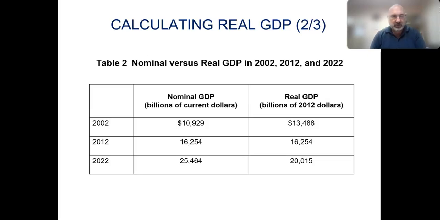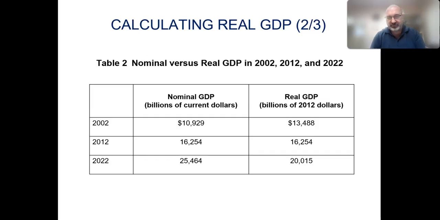Okay. 2012, 16,254 in both because that is your base year. So it's 100% of real. 2025, nominal was 25,464.